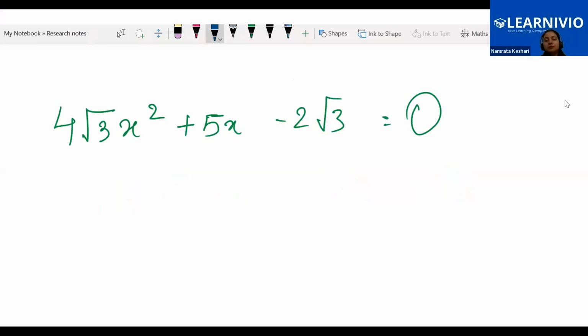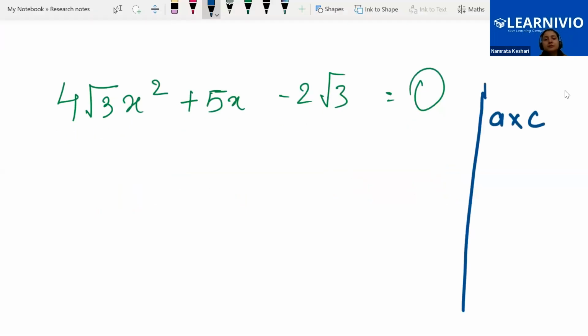Please tell me. Are you audible? Can you hear me? 4 root 3 into minus 2 root 3, that is minus 24. Perfect. We will focus on breaking this number 24 for now.